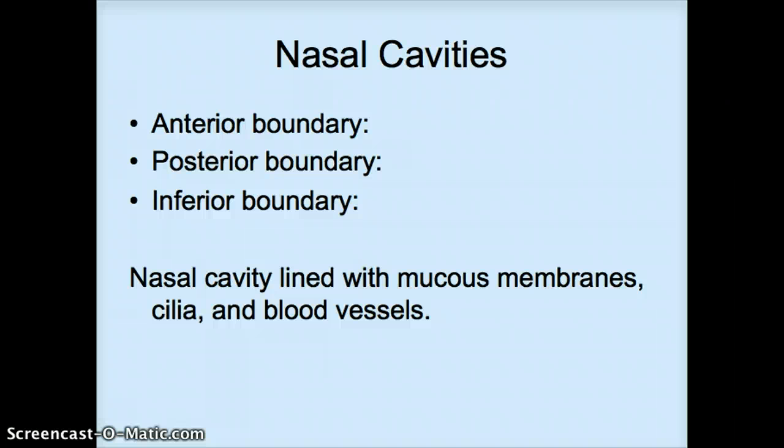So the nasal cavity is lined with mucous membranes, cilia, and blood vessels. And the purpose of our nasal cavity is to warm and humidify air that comes in to help protect our lungs. So there's fine nasal hairs that prevent particles from entering the lower respiratory tract.